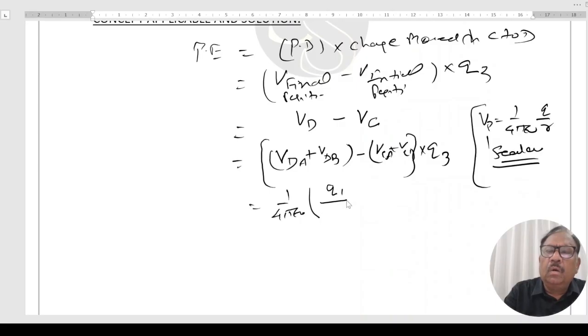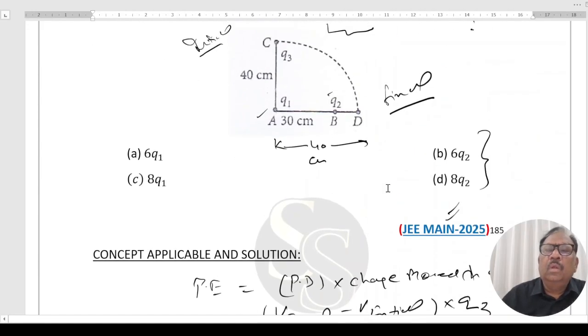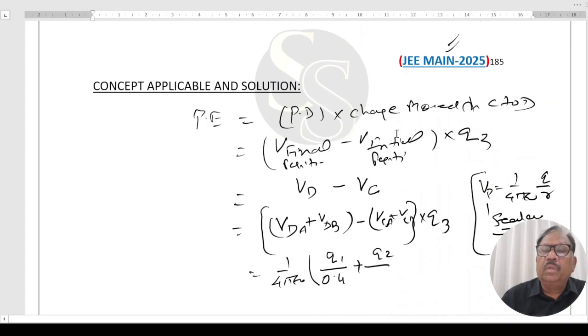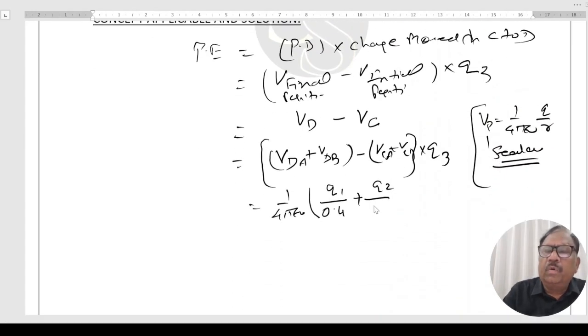Q1 upon 0.4 plus Q2 upon, by Pythagoras theorem, this will come out to be 10 centimeter, so 0.1, minus 1/4 pi epsilon naught.